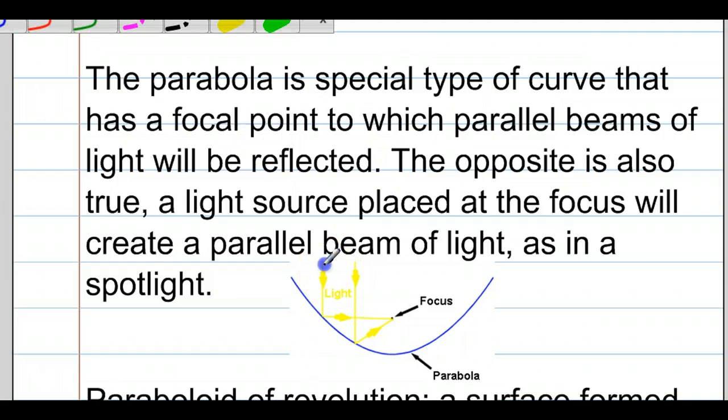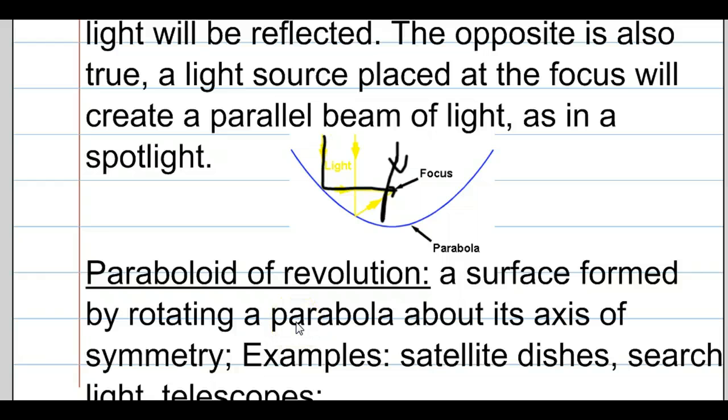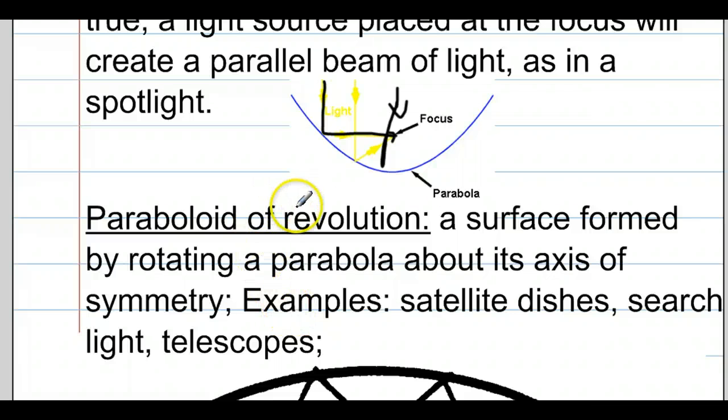And the other way around, sometimes they'll start light and let it shine from the focus, and that means it's going to pop back out. So we'll look at examples like that in the book.